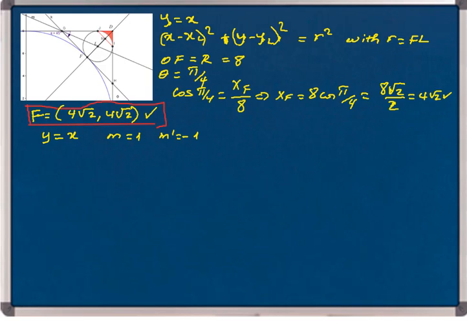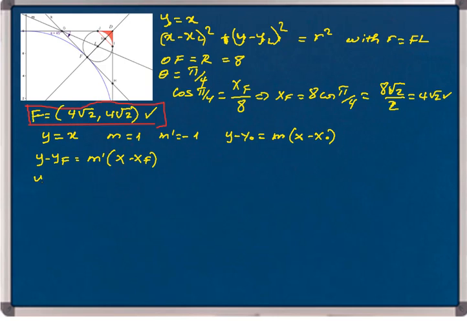That line passes through point F, and we have the standard equation y minus y0 equals m times x minus x0. We plug in xf. In this situation we have y minus yf equals m prime times x minus xf. All right, now it's easy, we just plug it in.